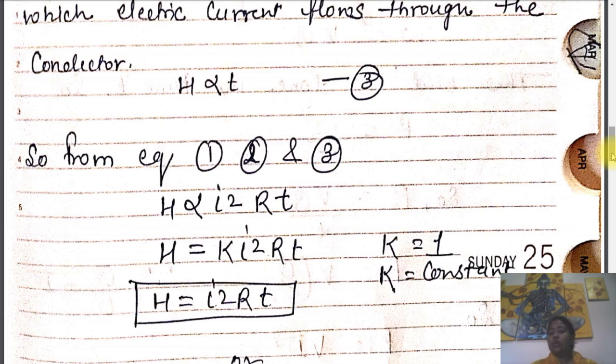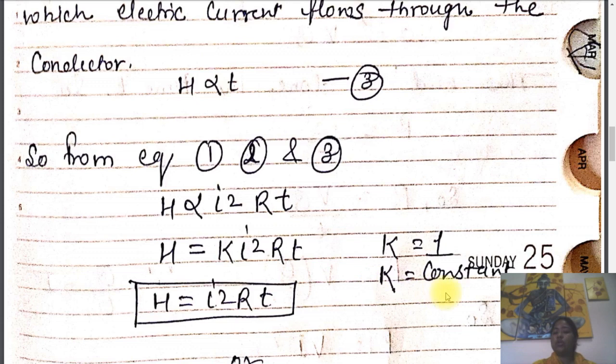So we can directly combine these three equations, and after combining equations 1, 2 and 3, we get H is proportional to I square RT. When we remove the proportionality sign, we have to add a constant, K. So we can write H equals K I square RT.